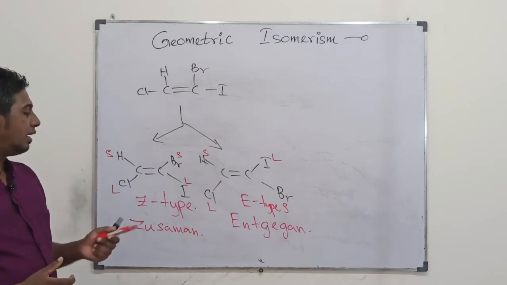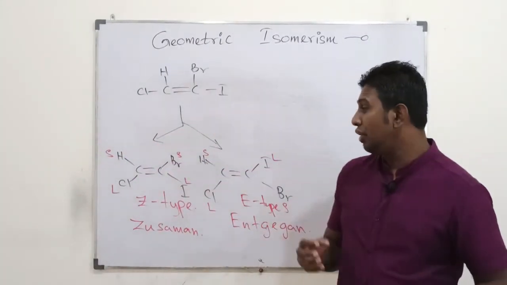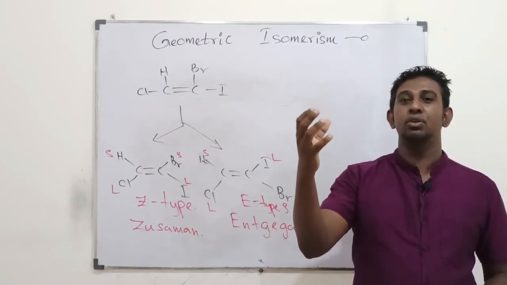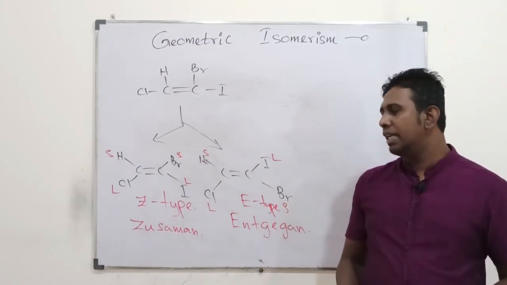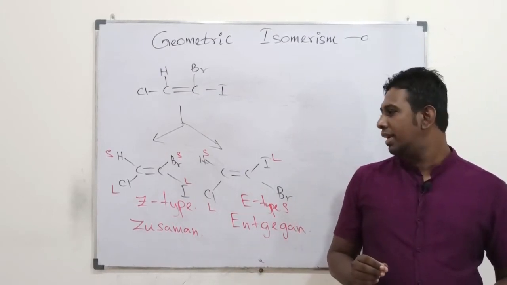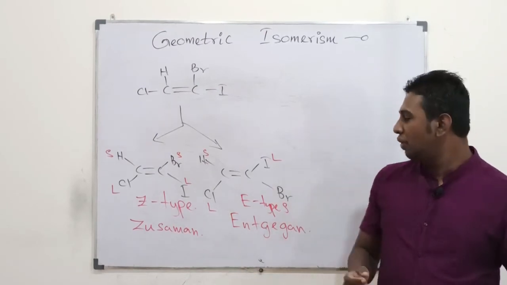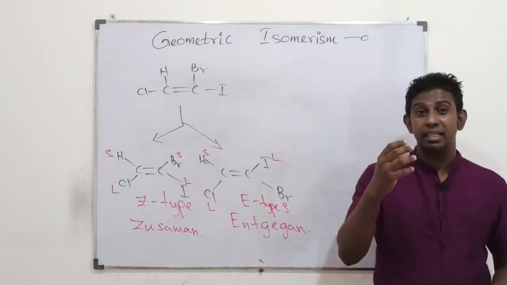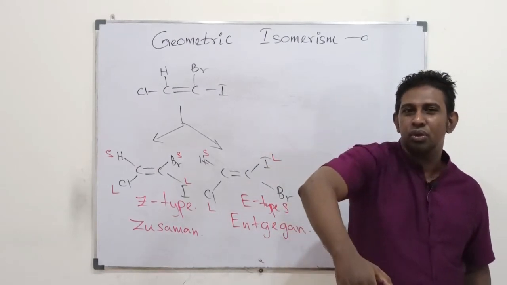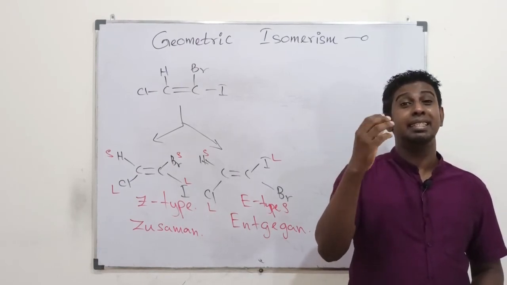We identify them based on their masses. So if you find smaller groups confronting or larger groups confronting, then we call them Z type, with the idea of the same side in German. When you find them not facing each other but going through, it's entgegen. So E type and Z type.